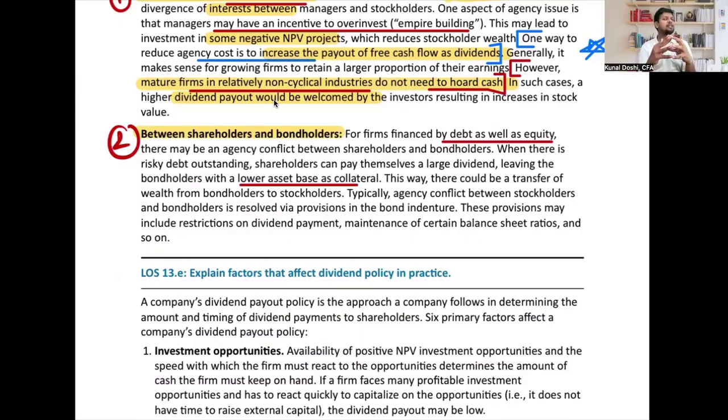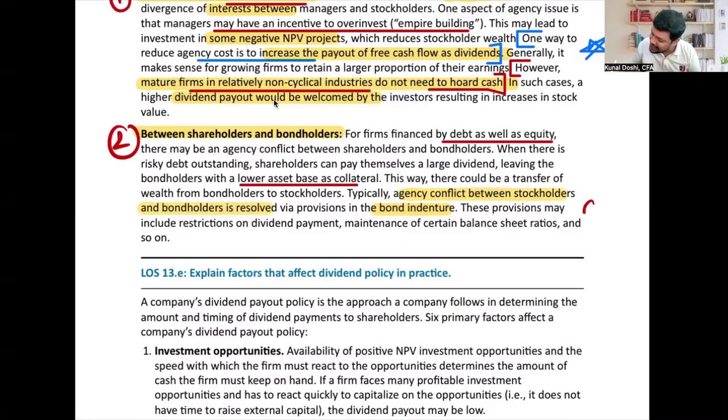So how can we resolve this? Bondholders, when subscribing to the bond, look at the bond indenture, which is the contract, and under the bond indenture they can put covenants. Remember, everyone, covenants.